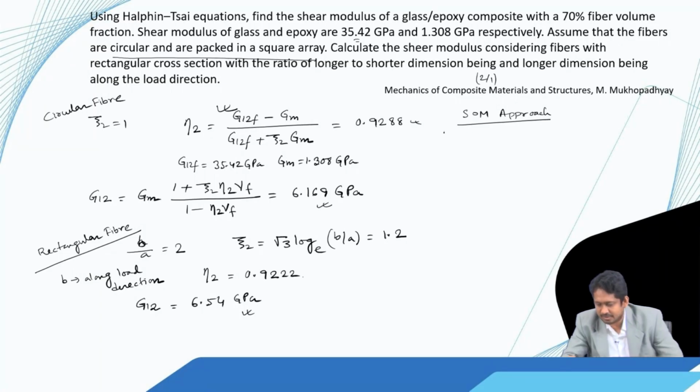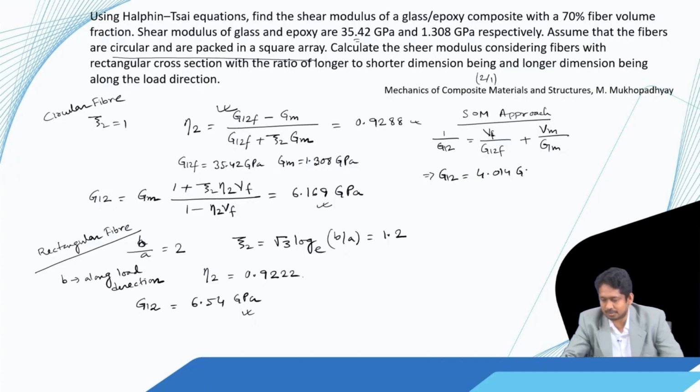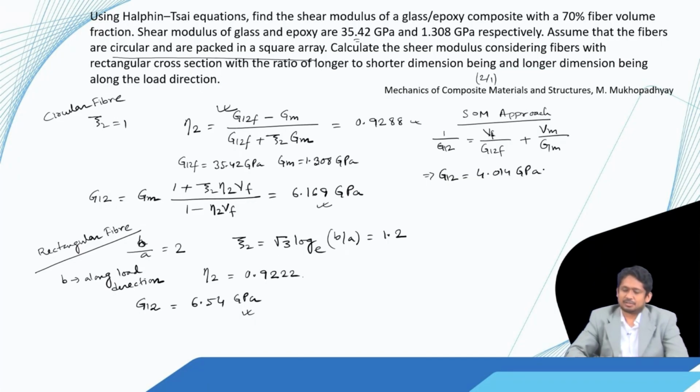If we do that, then using the formula 1 by G 12 is equal to V f divided by G 12 f plus V m divided by G m, we get G 12 as 4.014 GPa. So, what we are getting from the strength of materials based approach is quite less than what we get from this semi empirical approach.